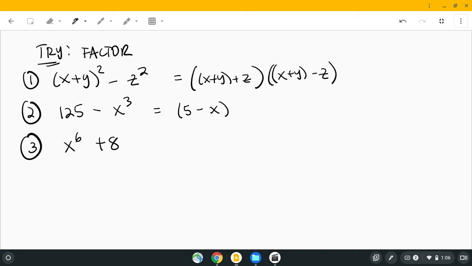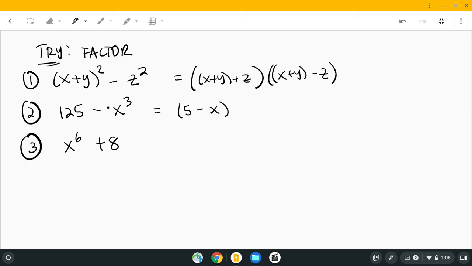Now, the reason why I put this one here for you to try out is because oftentimes students will write this in the reverse order just because they want to. Okay, so you're not allowed to do that, okay? Because 5 minus x is not the same as x minus 5, okay?